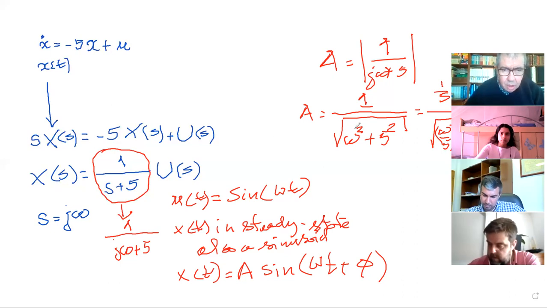Because here you have 1 divided by 5, it's the square root of 1 divided by 5 squared, multiplying omega squared plus 5 squared, so you get this.